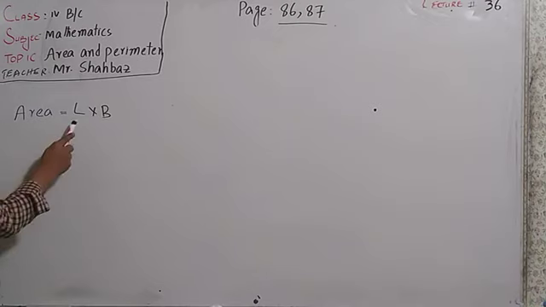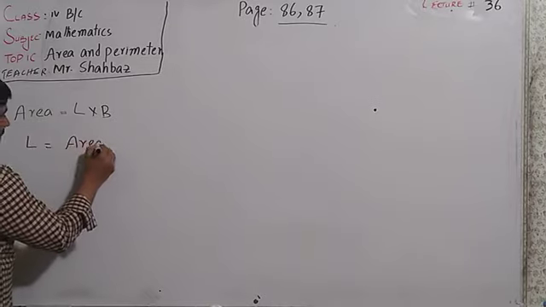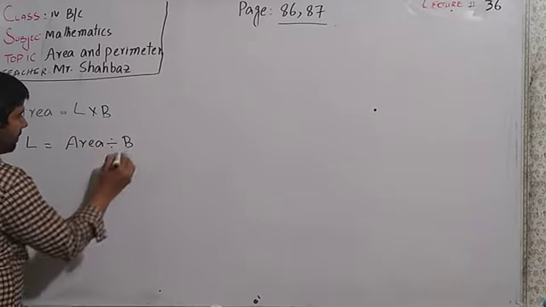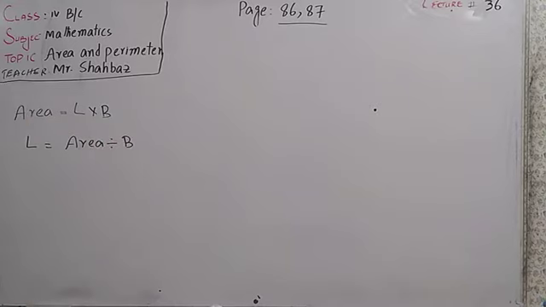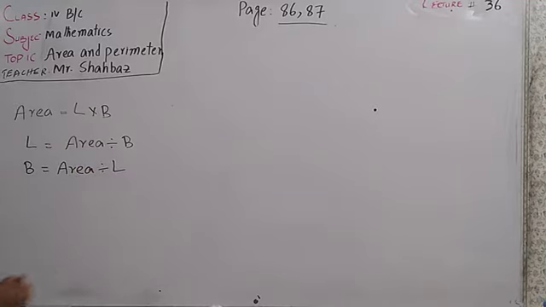So when we find the length, length is equal to area divided by breadth, like this one. And if we want to find the breadth, then area divided by length, like this one.